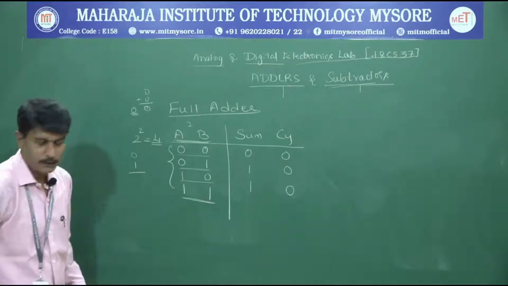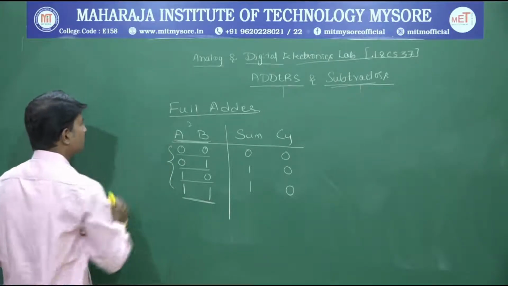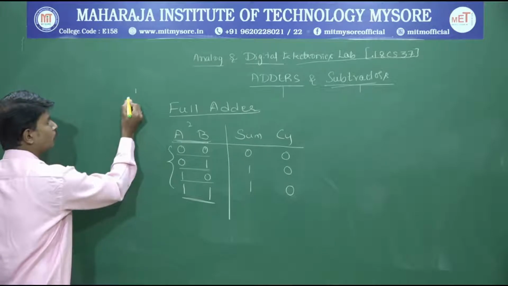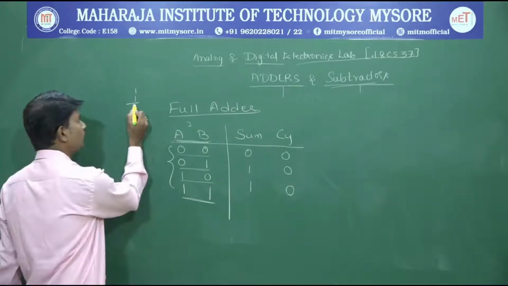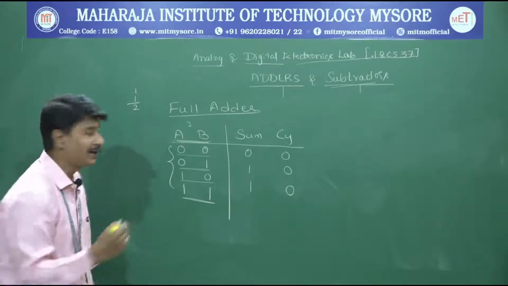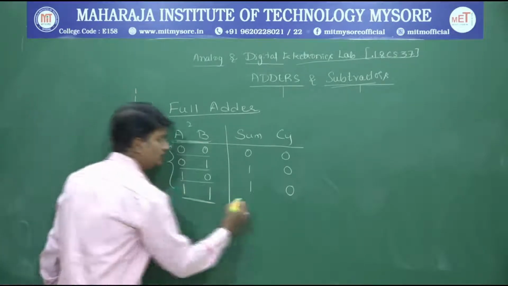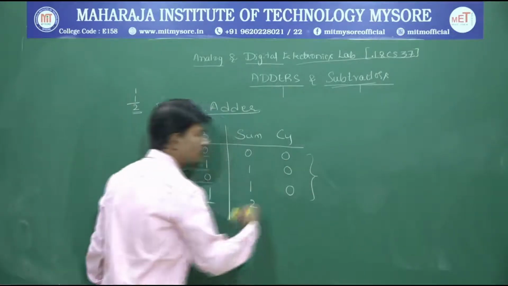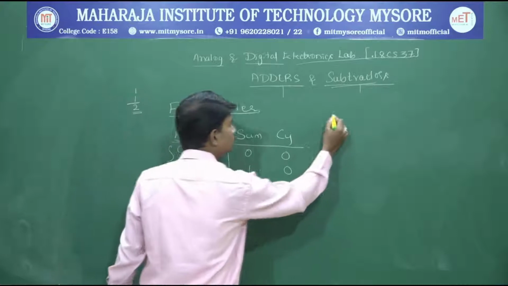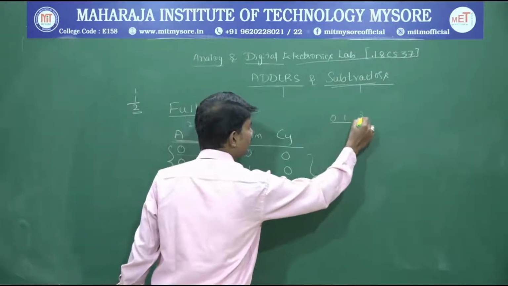If I add 1 plus 1 in conventional mathematics, I end up with the result 2. But I can't write this sum directly as 2. Why? Because I'm using a digital system, where the only combinations are 0 and 1. Now what happens for a 2?